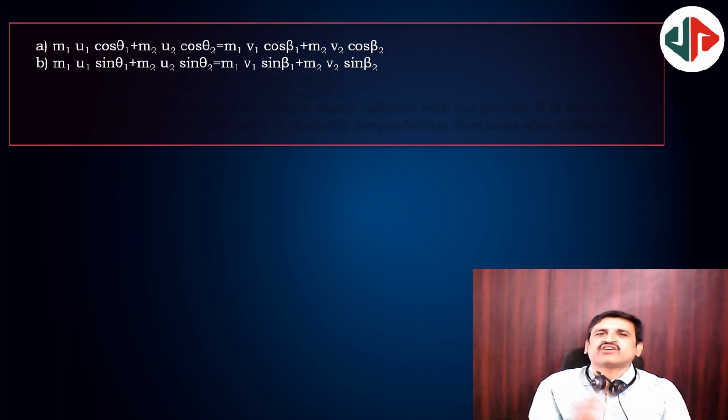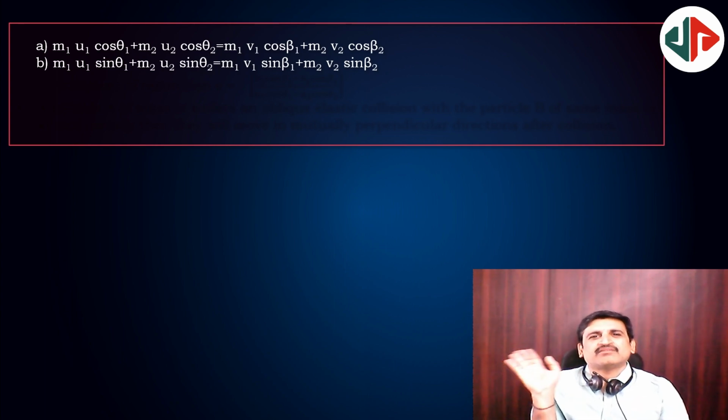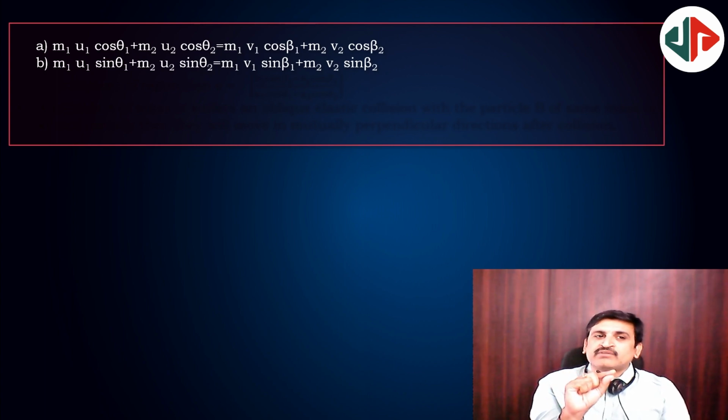So you equate similar things, but never equate the magnitude of momentum in one direction initially with that of another direction finally. Whatever the directional momentum is before the collision, you have to equate that directional momentum after the collision to have the law of conservation of linear momentum.